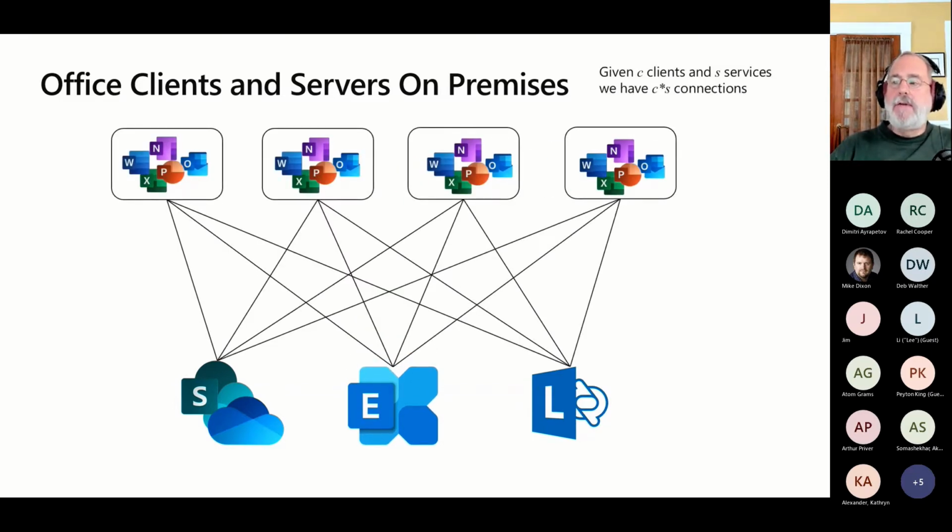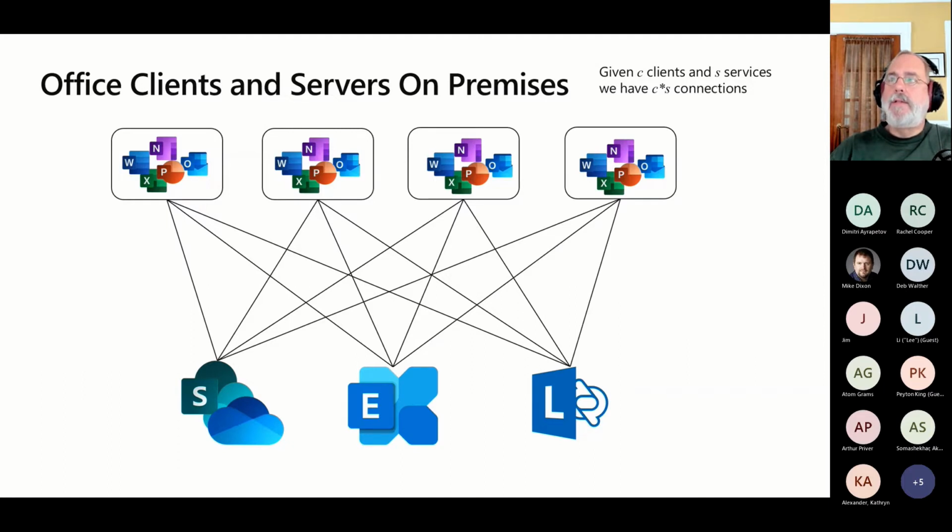It was the client-server model. That computer would connect to these three servers, or however many. I'm leaving Active Directory out and other things, but there are connections between the individual client programs and these servers. So this works okay at an enterprise scale. And if you have C clients and S servers, you end up having C times S connections.